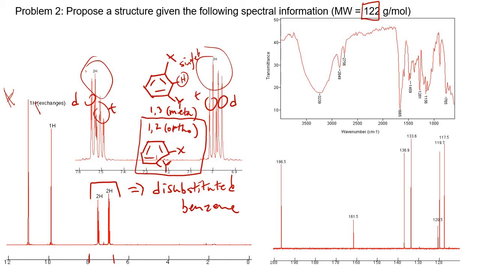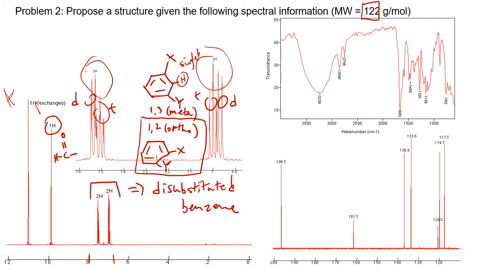All right, so with that in mind, now we can think about what are X and Y. Well, we see that there are 2 other hydrogens in the structure. We have a 1H singlet at 10 ppm, and immediately this tells us that that is an aldehyde.